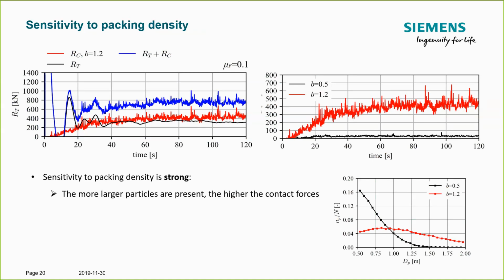So the sensitivity to packing density is very strong. The more larger particles are present, the higher the contact forces will be. So knowledge about the cumulative distribution functions that are suitable to resemble a model test or a known scenario will be very crucial next to the ice-steel friction coefficient.